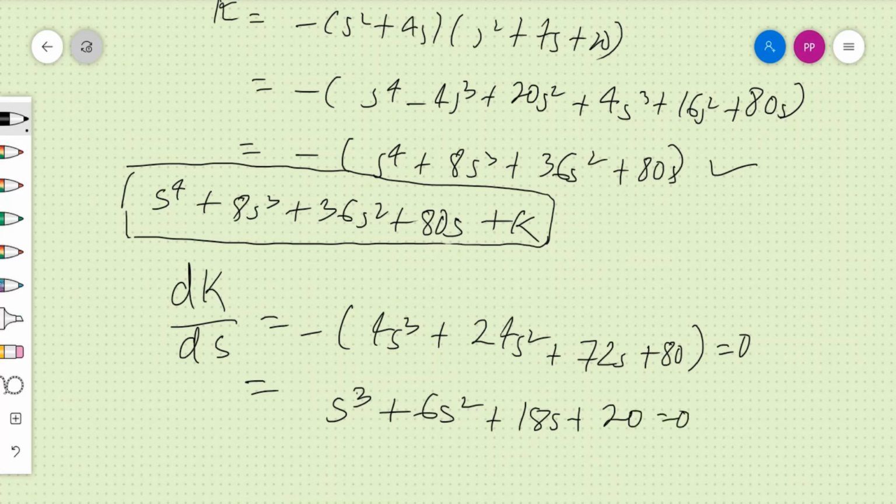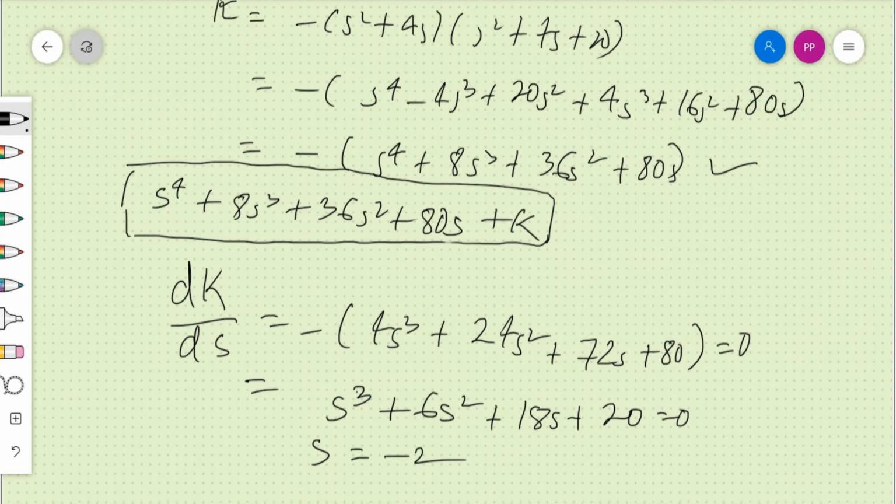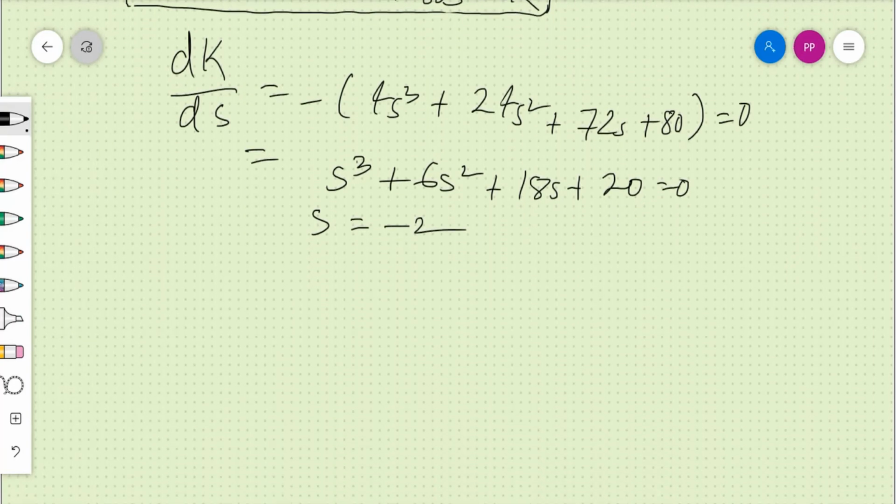So by hit and trial you can see that s equal to minus 2 is a root of this. Once you find a root, you can solve it either by dividing this equation with s plus 2 or by taking a factor of this. So how can you take a factor?